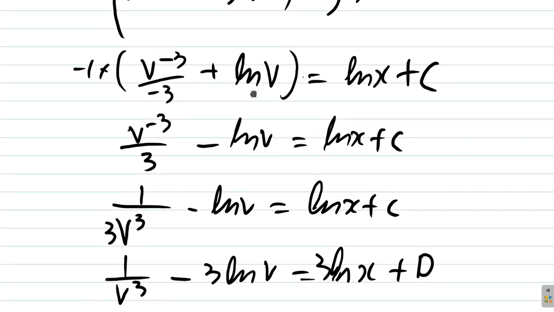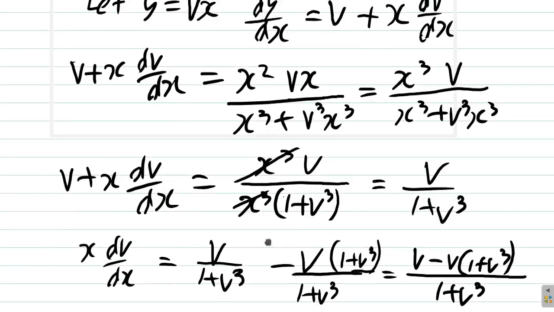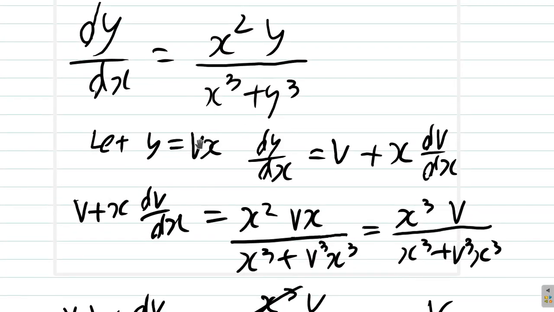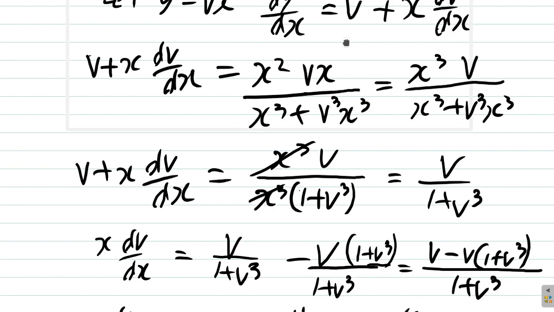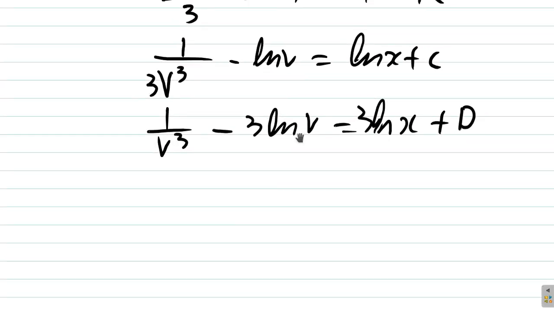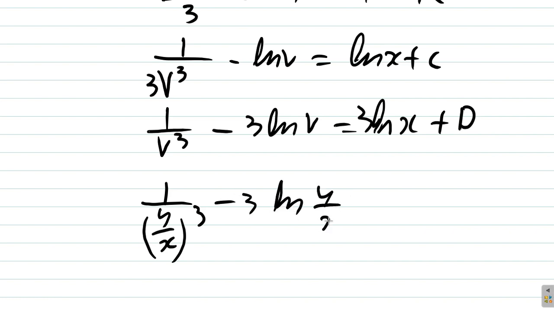Now what was v? y equals vx. So v would be y over x. Alright. So this becomes 1 over (y over x) cubed minus 3 ln (y over x) equals 3 ln x plus d.